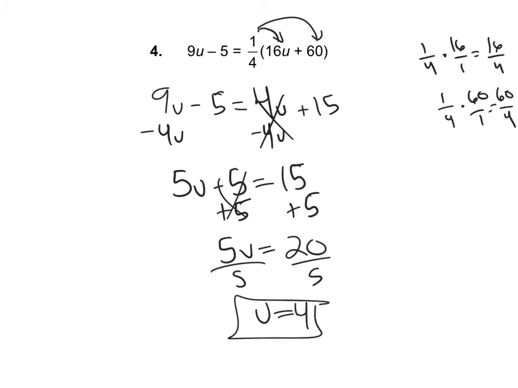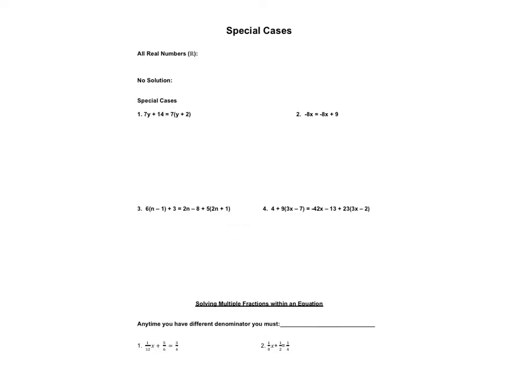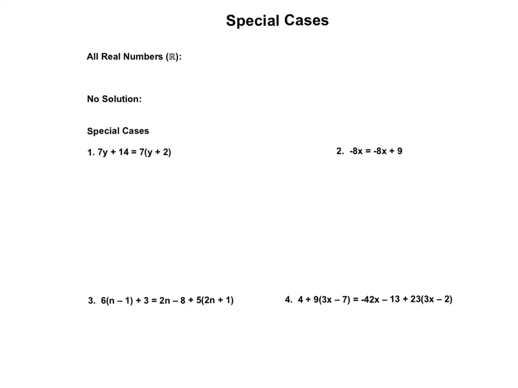So let's move on to, here we're going to talk about a couple special cases. We have all real numbers and no solution. Could be 2 possible answers when you solve an equation. So all real numbers just means that any real number can be a solution to that equation.